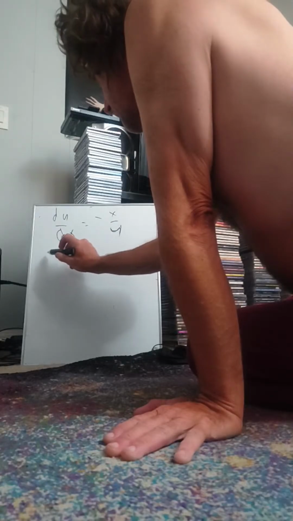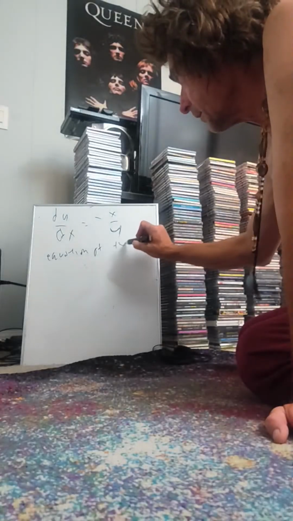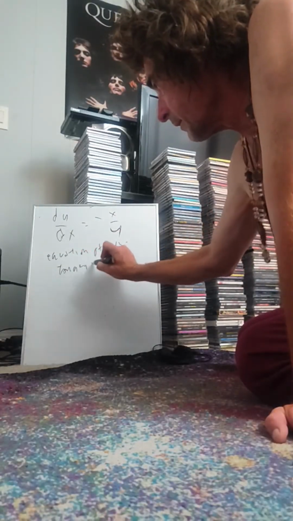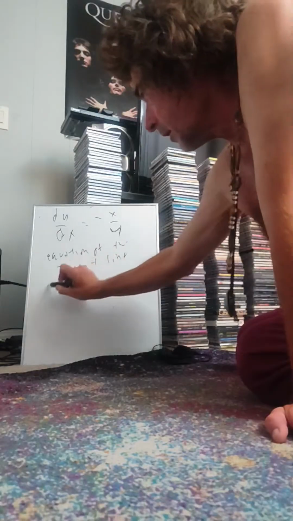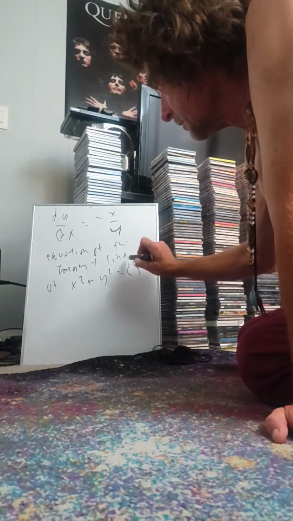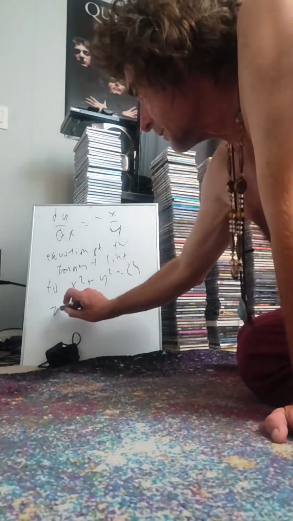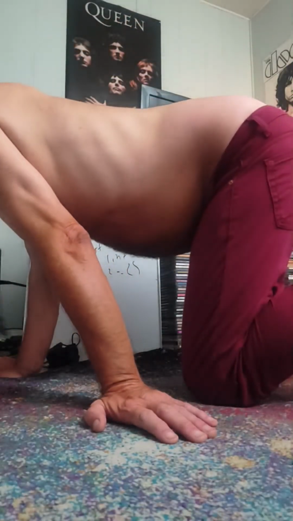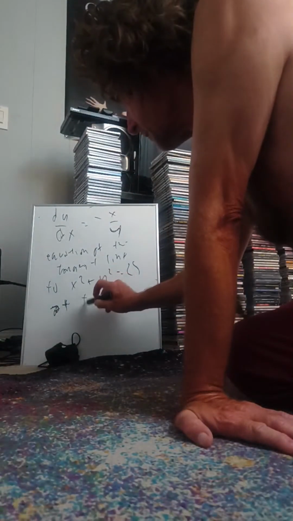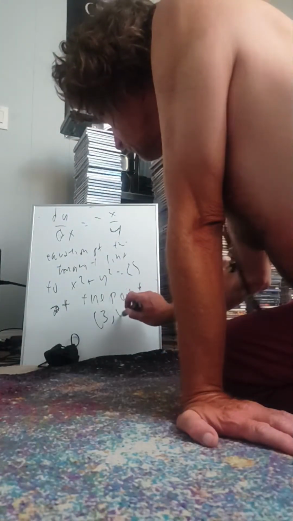What is the equation of the tangent line to x squared plus y squared equals 25 at the point 3, 4?